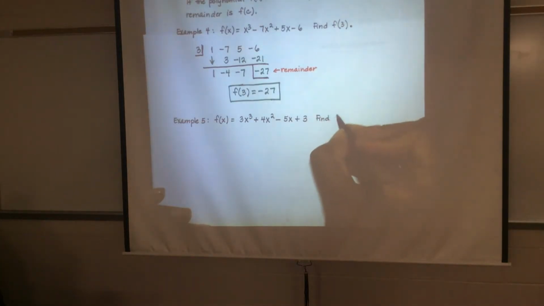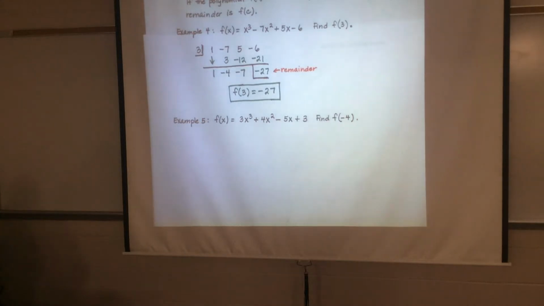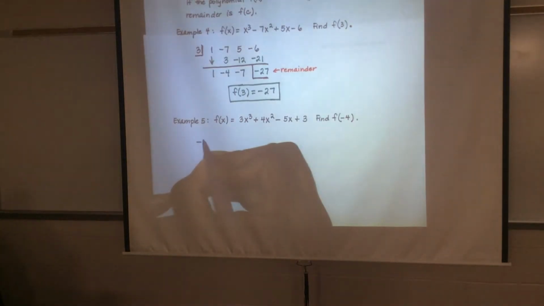And this time, we're going to use synthetic division and the remainder theorem to find f of -4. So we're going to be looking for the value of the function when x is equal to -4 using synthetic division. Okay, in this case here, your x is going to be -4, so your divisor there will be -4.